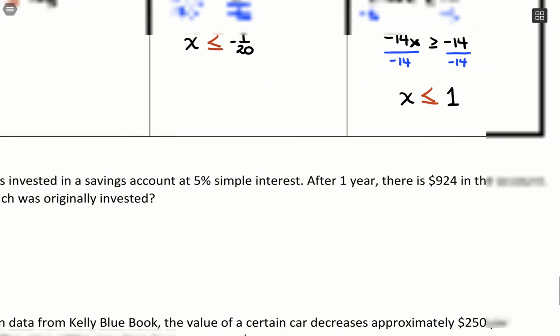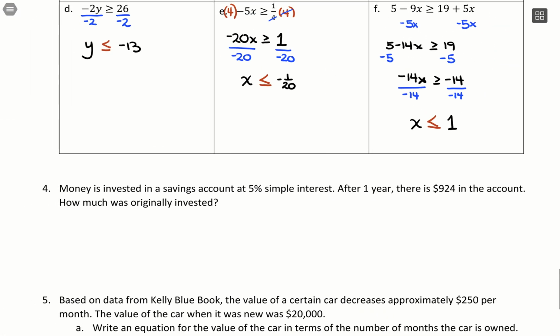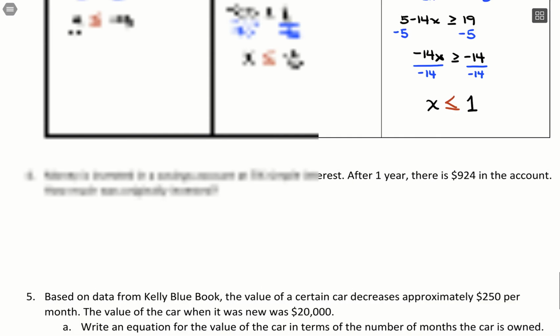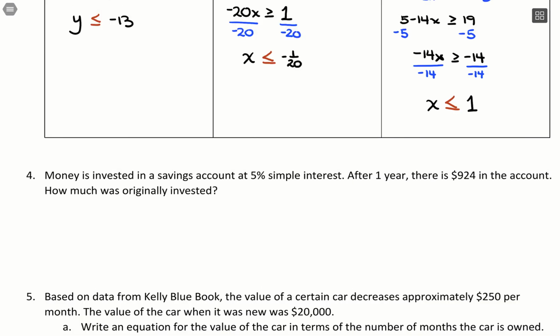All right, some word problems. So we talked about these percent increase problems, and as an account builds, how can we look at past values? So let's use the symbol A to represent the original investment. So what we know is that after 1 year, we have $924 in our account.